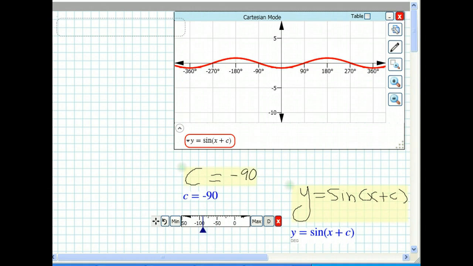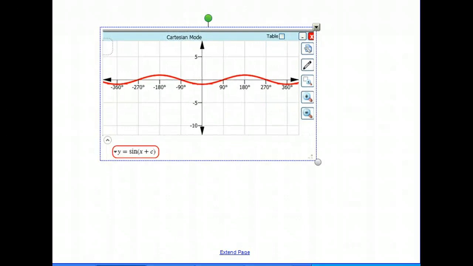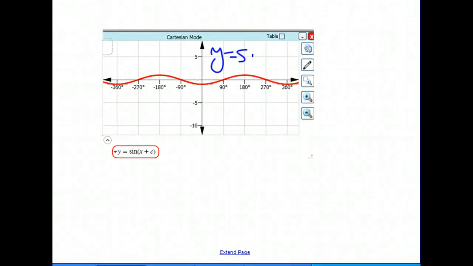And there we are. We have now shifted the graph to the right 90 degrees by adding a negative 90 to x. We can make it a little bit bigger so you can see it. And this is the graph y equals the sine of x minus 90 degrees. And once again, notice the graph is shifted to the right when we add a negative number.